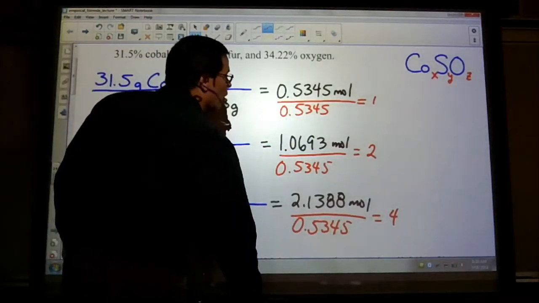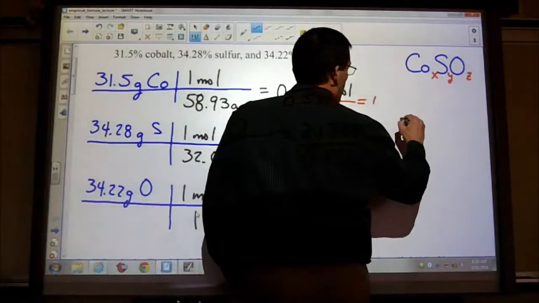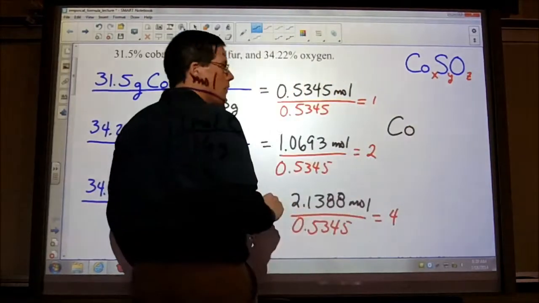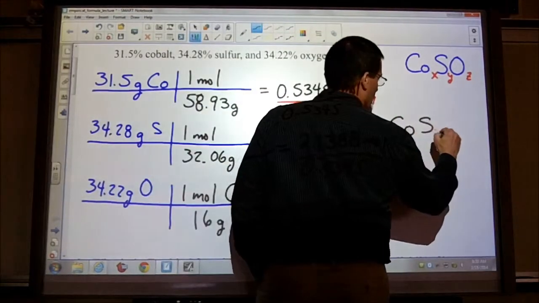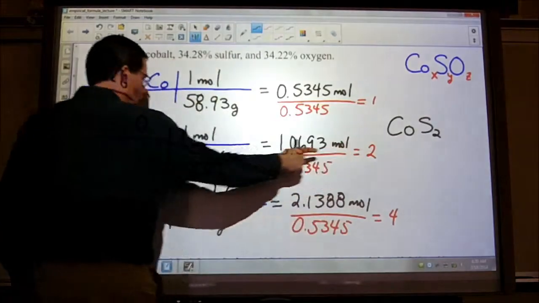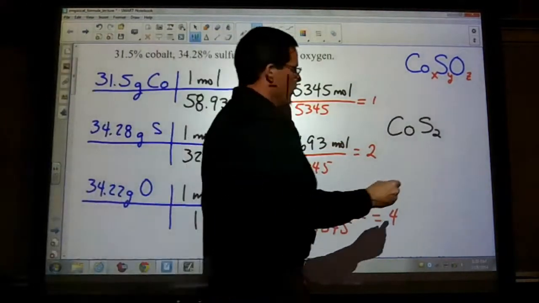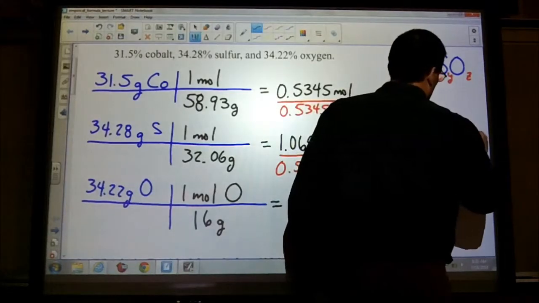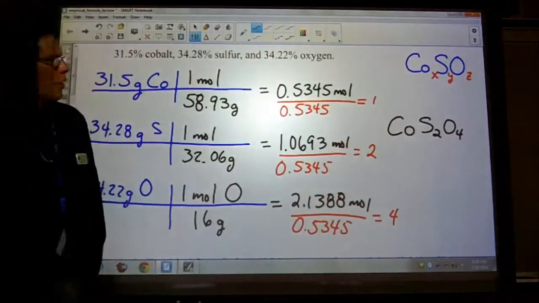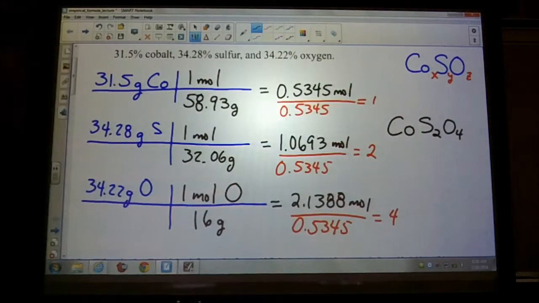So what is the formula for this? Co S2 O4. In other words, this S2 is representing sulfur, that one represents cobalt, and then the oxygen is a 4. So CoS2O4. Now S2O4 is not one of your polys, so don't freak out and go, what is S2O4?